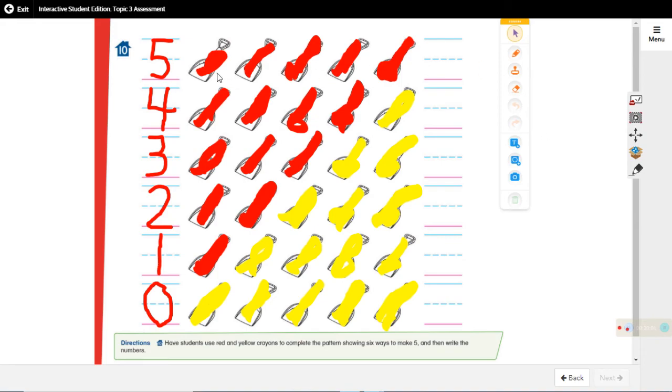How many yellow do we have up here at the top? We have 0, don't we? We don't have any. None. Nothing as far as yellow goes. So we are going to put a 0 there because we have 0 yellow ones. How many yellow shovels do we have here?